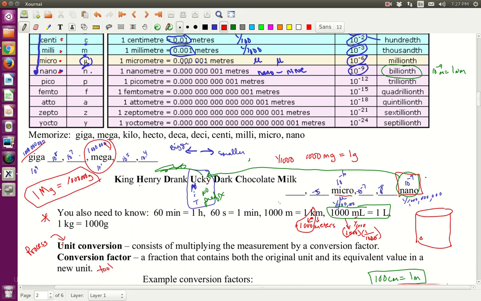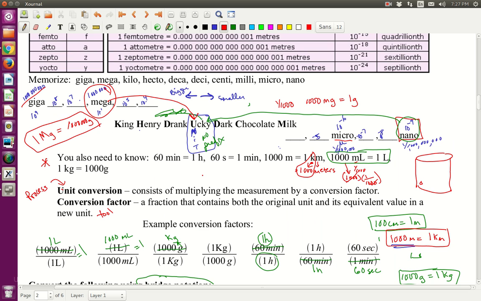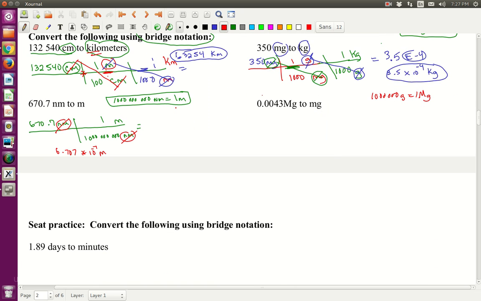So I'm going to go this time from a megagram to the base unit, and then from there to milli, because I think it does ask you to go down to milligram. So this is a two-step process. Go through the base unit. So first let's convert 0.0043 megagrams.